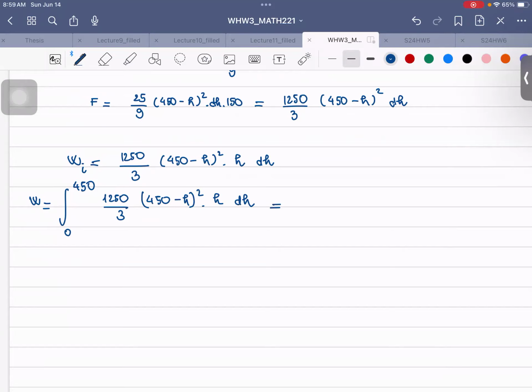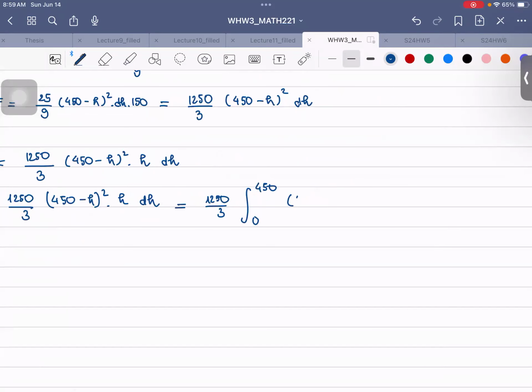I take out the constant. I have the integral of (450 minus h squared) times h dh.